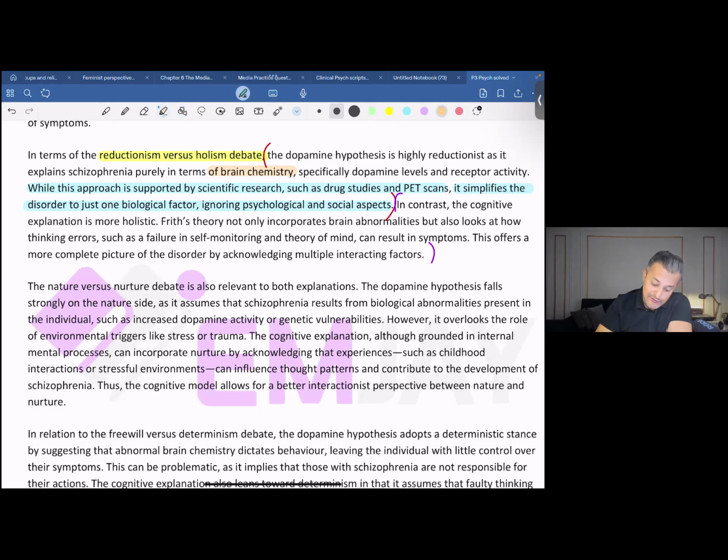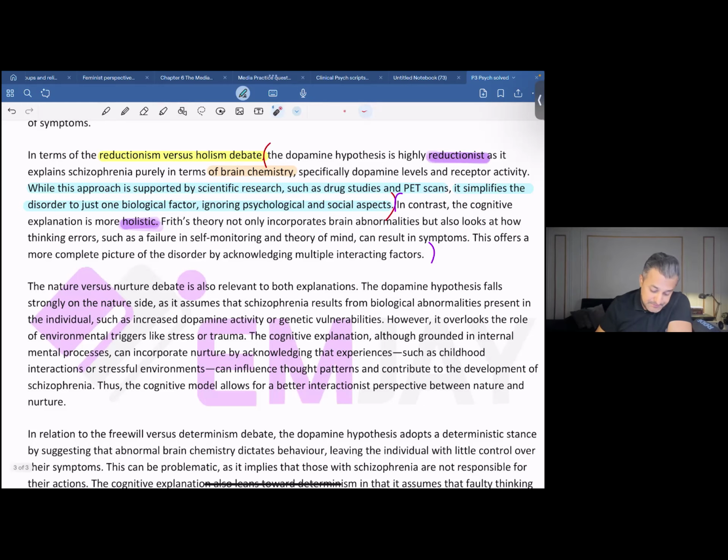We called the dopamine hypothesis reductionist, whereas we're calling the cognitive explanation holistic. Frith's theory not only incorporates brain abnormalities, but also looks at how thinking errors, such as failure in self-monitoring and theory of mind, can result in symptoms. This offers a more complete picture of the disorder by acknowledging multiple interacting factors. You could write more, but remember there are time limitations.